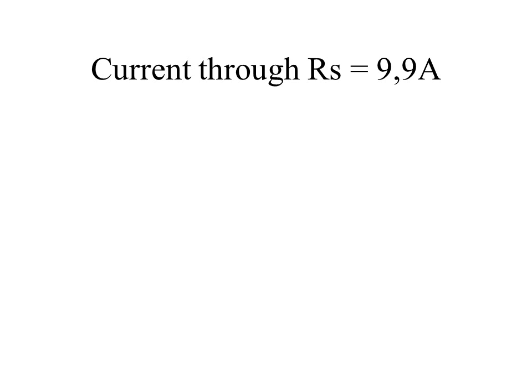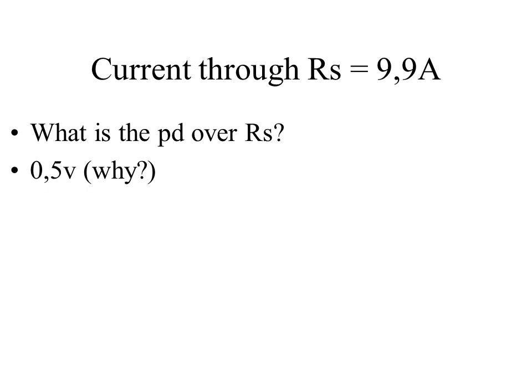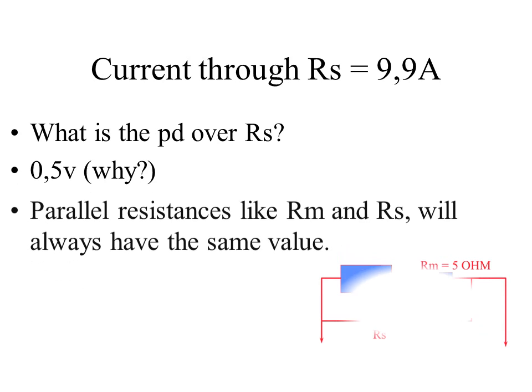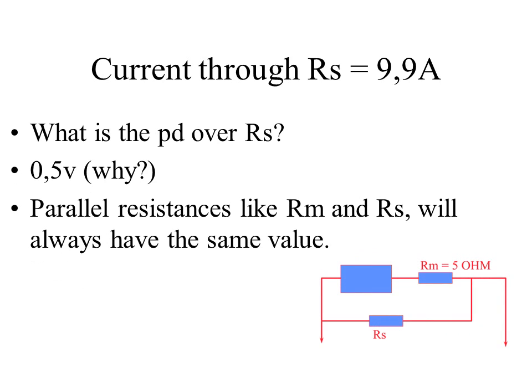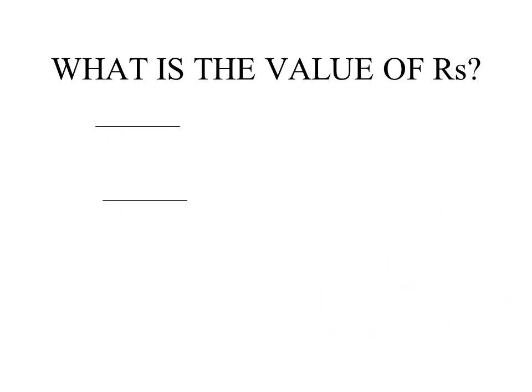Now let us determine what the potential difference over Rs is. It is 0,5 volts. Why? Because parallel resistances like Rm and Rs will always have the same potential difference. Now we can determine what the value of Rs will be.